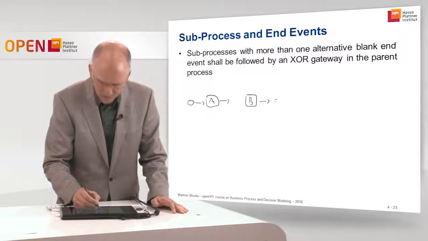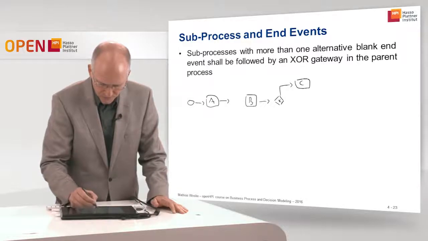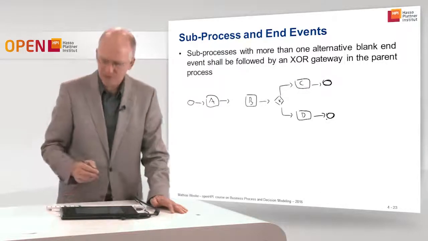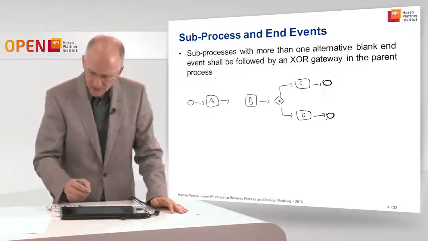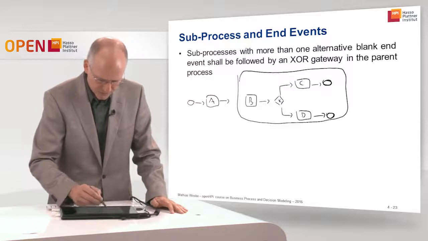Then we have a decision. Either we go C or we go D. And here we have the two alternative end events. And of course, that's the complete subprocess.